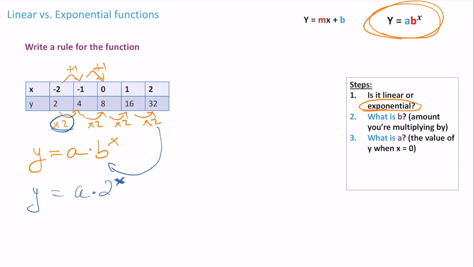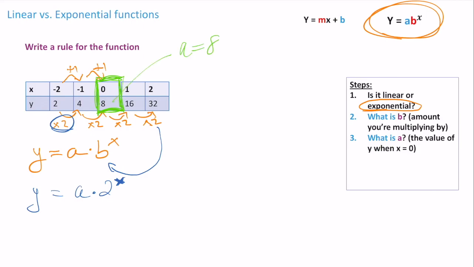Okay, the last thing that you got to do is just figure out what's the a value, right? And your a value is just what's your value of your equation, what's value of y, when x is 0. It's like, what's your starting point? And I can look back at the table and I can see this. When x is 0, y is 8. So I know that my a value, right, a is 8.